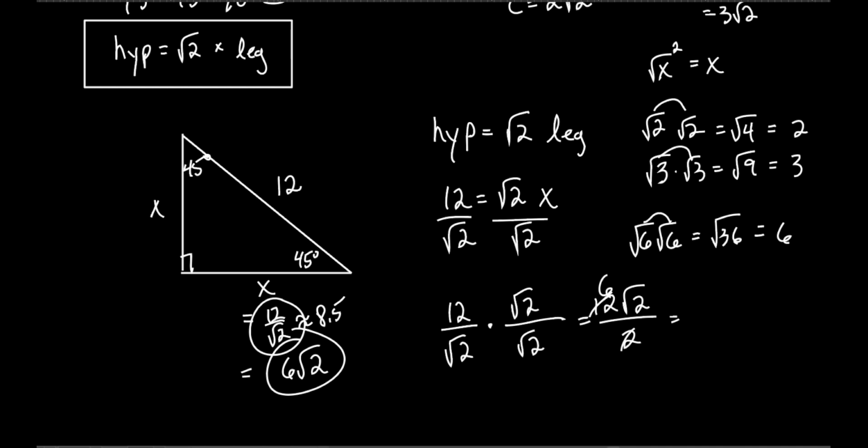Look at that. Same exact number. Everybody see that? 8.48 whatever. Remember I said it was 8.5? Yeah, that's where I got the 8.5. But 6 times the square root of 2 is the simplified version of 12 divided by the square root of 2. Okay?